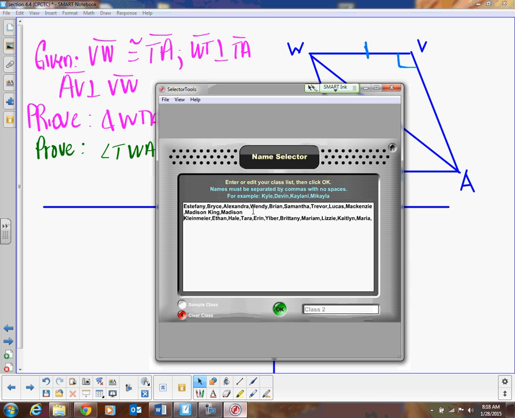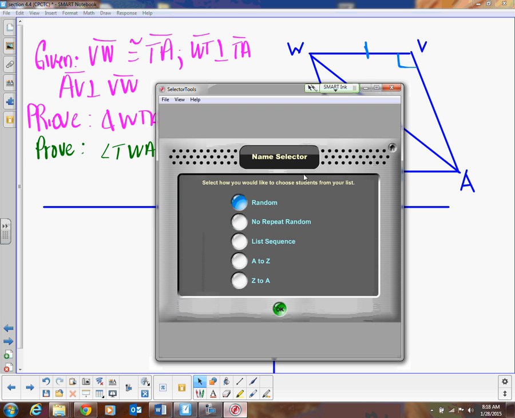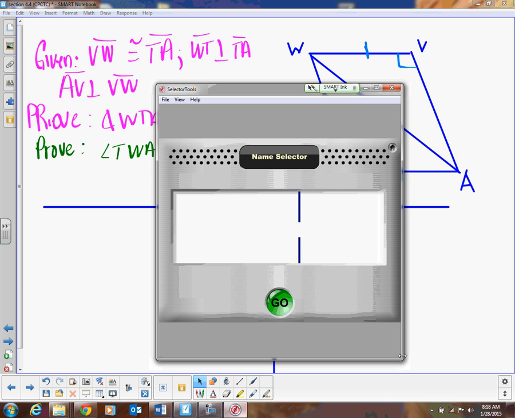I don't know how we got a blank in there. Madison King. Just kidding. All right, I don't know. Kind of weird. Maybe my brother's homework class. No, I don't think so.